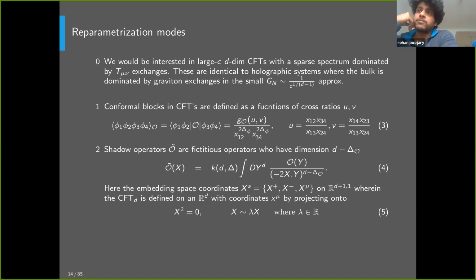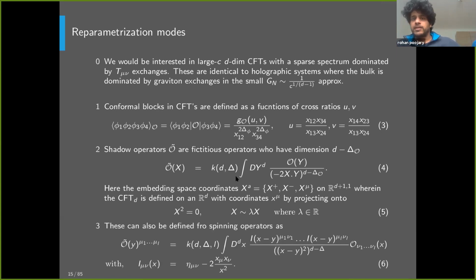And in this embedding space, you define conformal integrals by appropriate weights, such that you end up integrating conformally equivalent spaces and stuff. Okay, and you can define what a shadow operator is using the weight of the operator as shown here, and of course you can generalize this to spinning operators as well, where what you use to describe spinning operators is the inversion tensor.